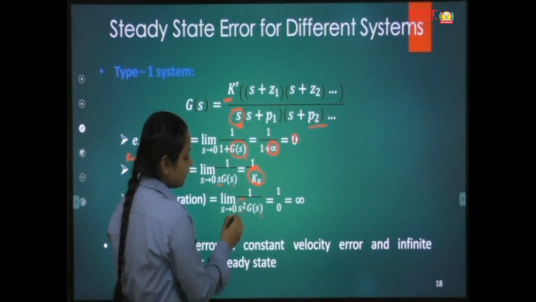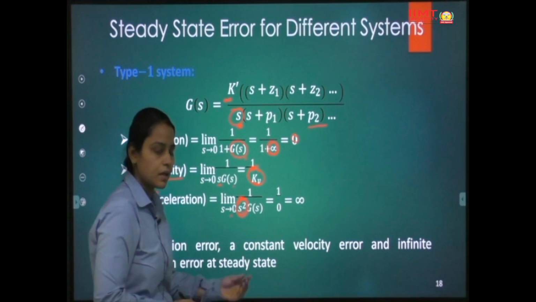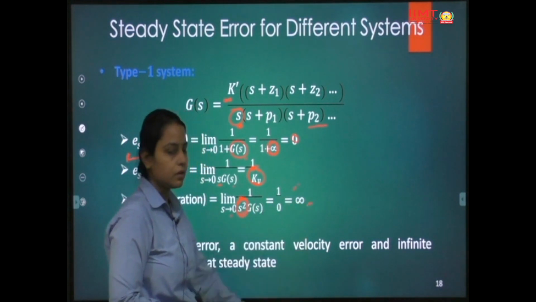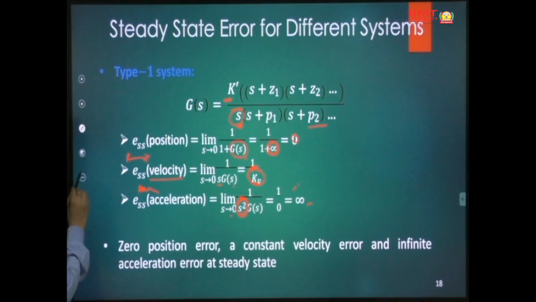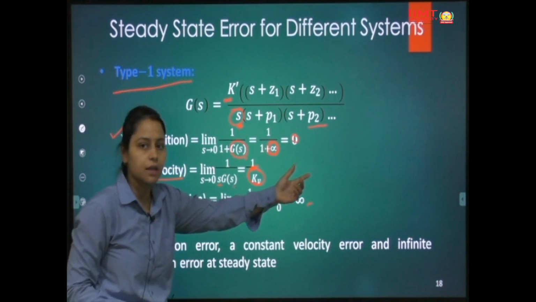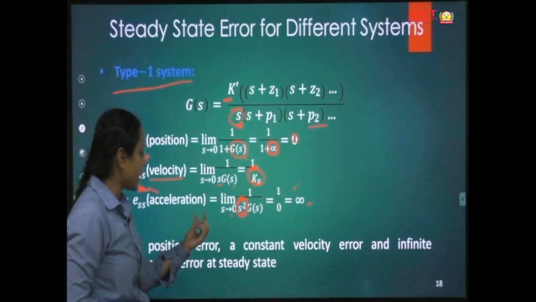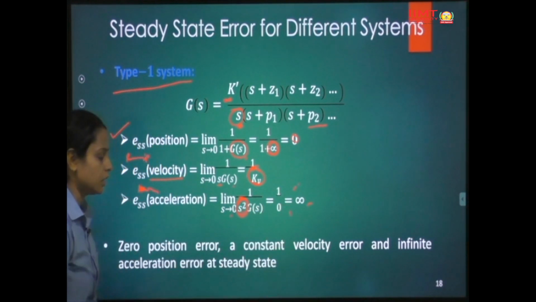Because of this power, one s gets cancelled, but one s would still be there, so we will get an infinite error. So for a type 1 system, for step input we will get 0 steady state error, for ramp input we will get a finite steady state error, and for parabolic input we will get an infinite steady state error.